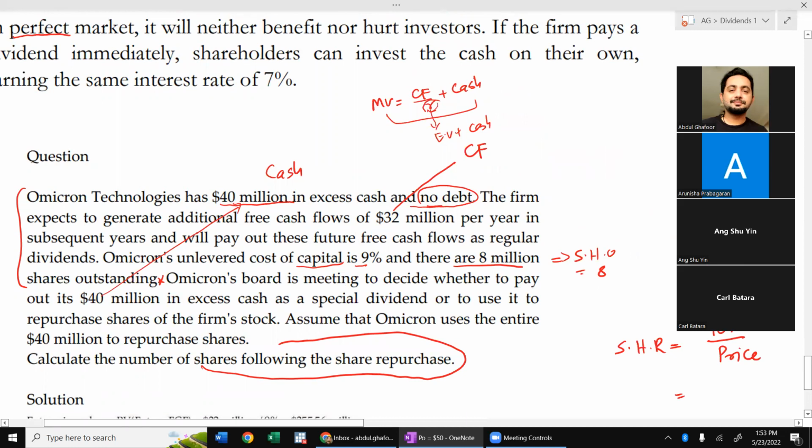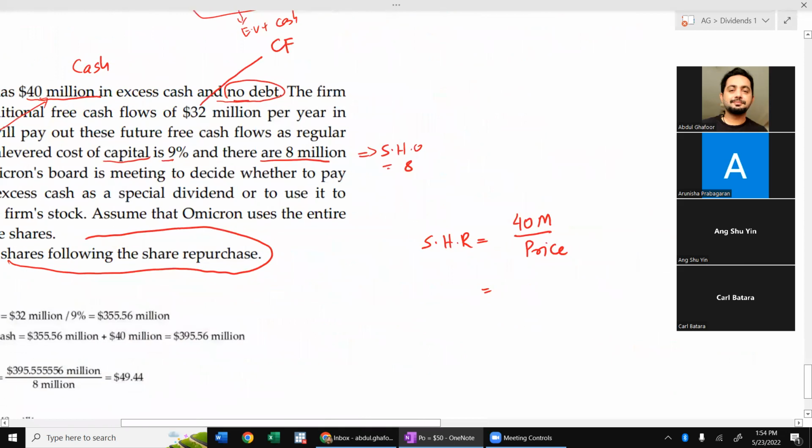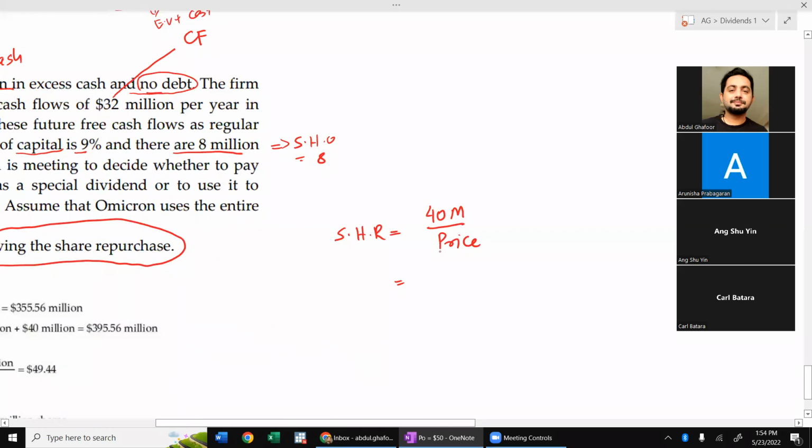Can you find the information on price? No, there is no information on price. So it means that we need to calculate the price.